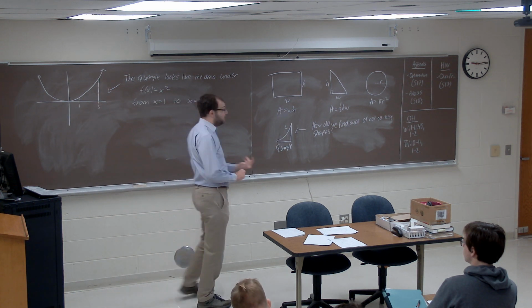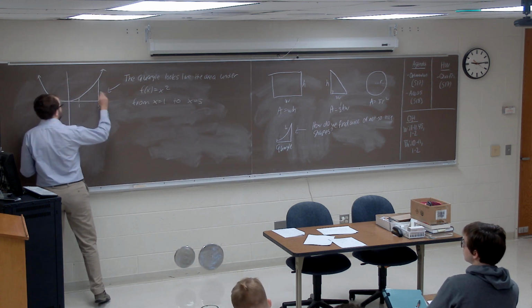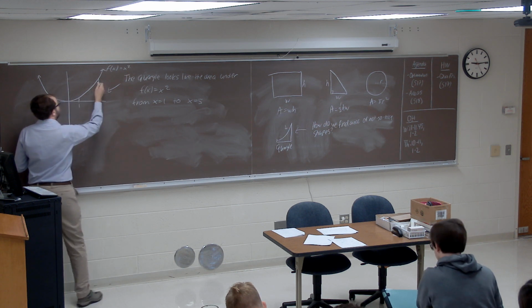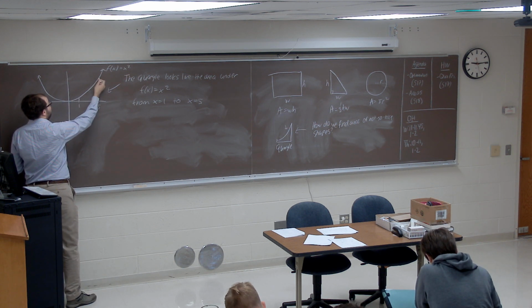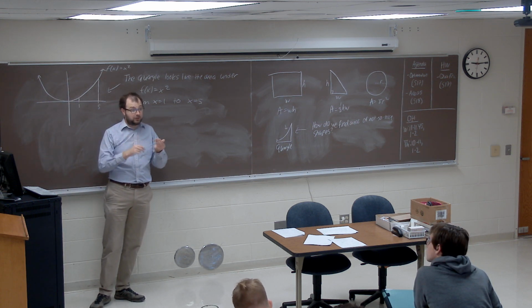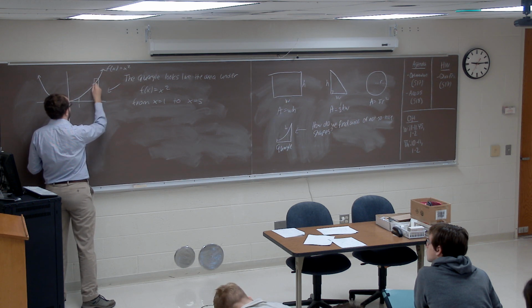So here's what we're going to be doing in this standard. We're going to take a function like f of x equals x squared. We're going to try and draw a bunch of rectangles that look like they're very close to matching up with the curve, like so.